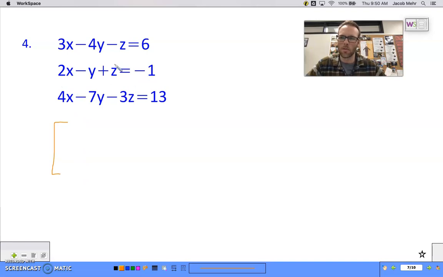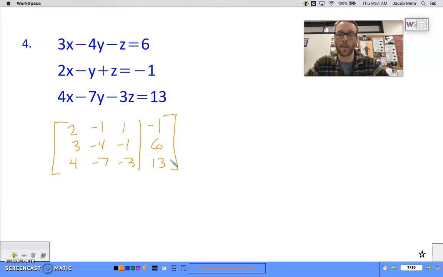I'm just going to lean maybe towards this one. Let's go 2, negative 1, 1, negative 1 in our row 1. Let's put this one into row 2: 3, negative 4, negative 1, 6, and then 4, negative 7, negative 3, 13. There we go. That time I remember not to put any variables in there.